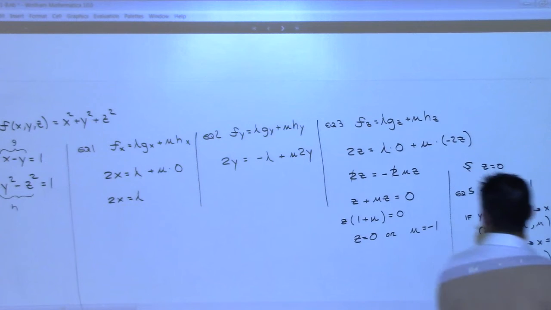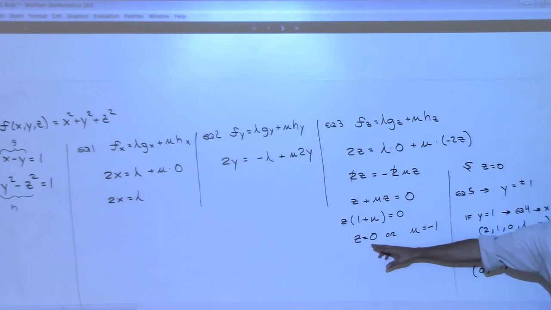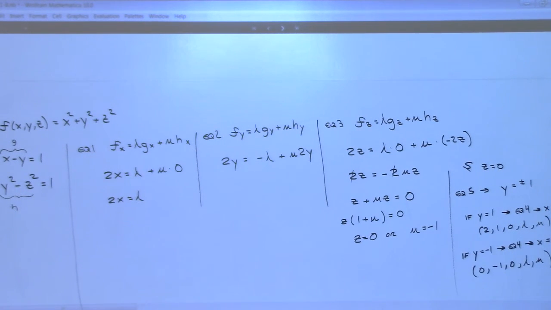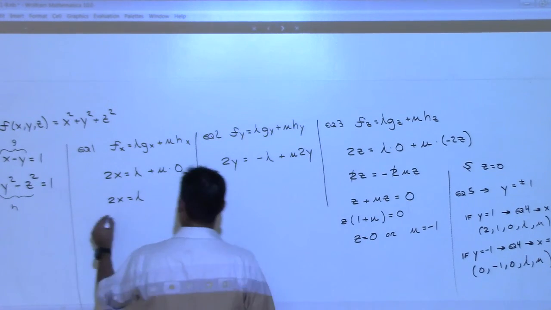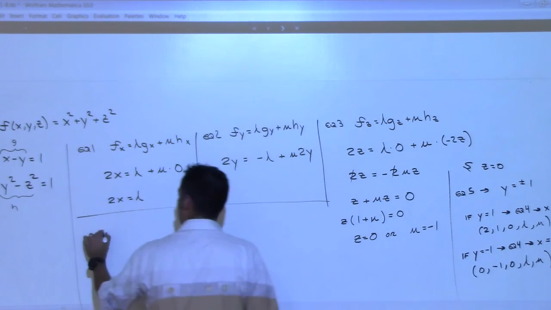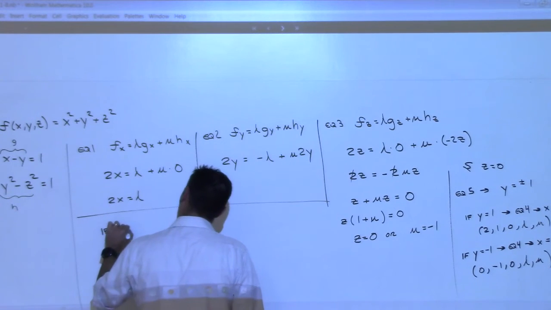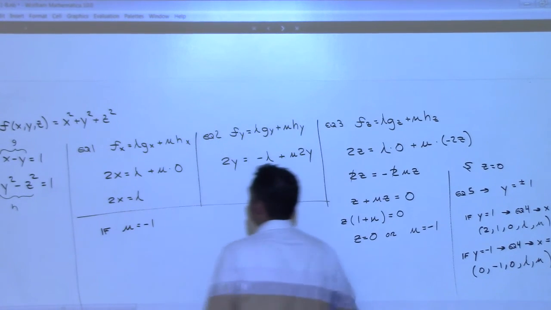Now, we've only looked at if z was 0. What if mu is -1? We haven't looked at that yet. I have 2 minutes. If mu is -1, then what can you tell me?